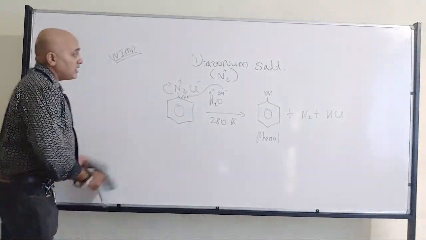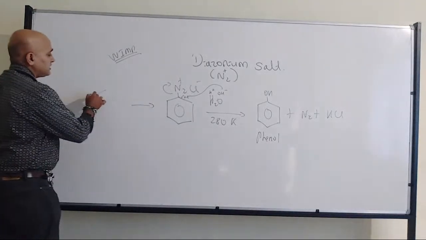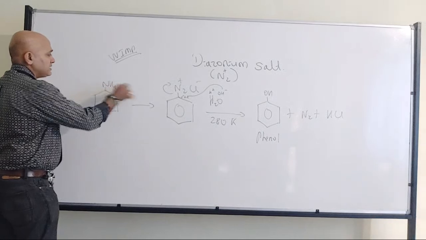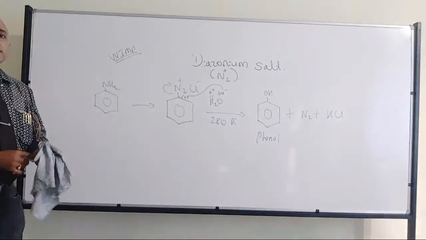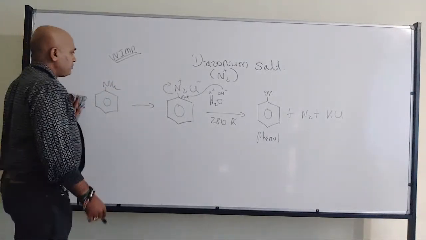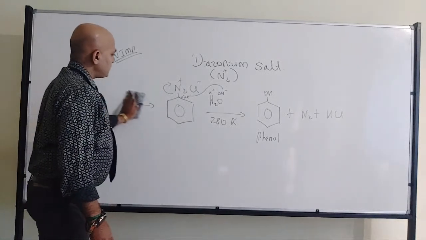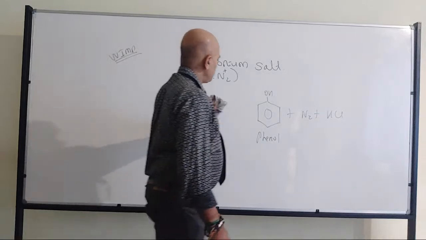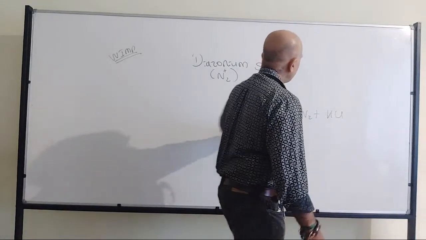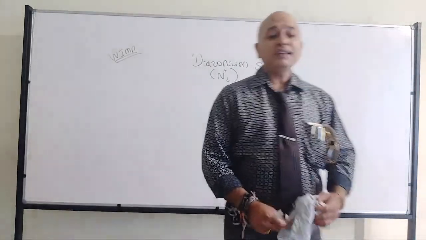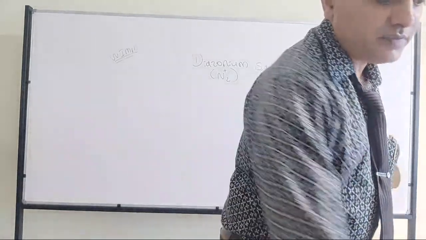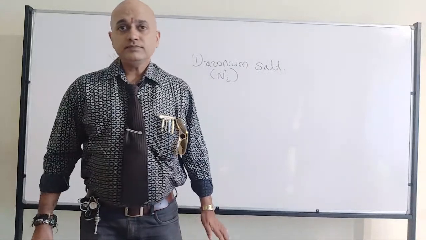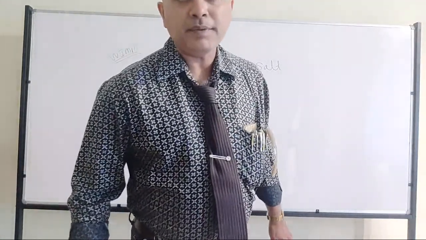This is how aniline can be easily converted into phenol: convert aniline into benzene diazonium chloride, and then they will get converted into phenol if you bring it to room temperature. That's where we have the reactions. All of you have understood?